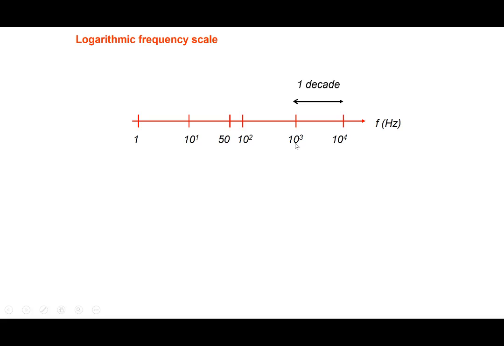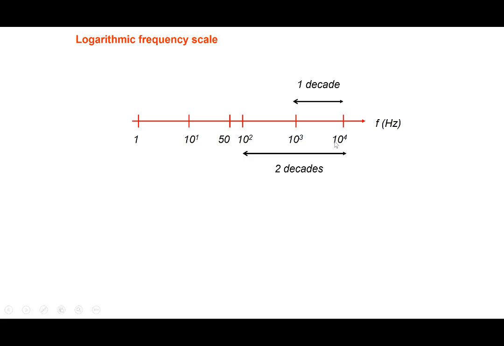When we're talking about a range of frequency from 10 to the power 3 to 10 to the power 4, a factor of 10, we call it 1 decade. So if somebody says the signal is varying in this manner over 2 decades, instead of saying it's varying from 10 to the power 2 to 10 to the power 4, this is 1 decade here, 10 to the power 2 to 10 to the power 3, and 10 to the power 3 to 10 to the power 4 is another decade.